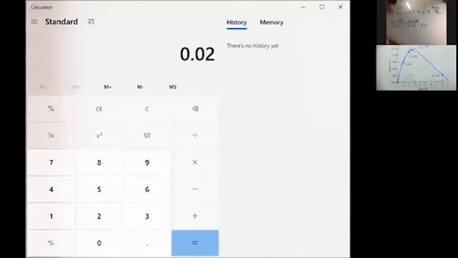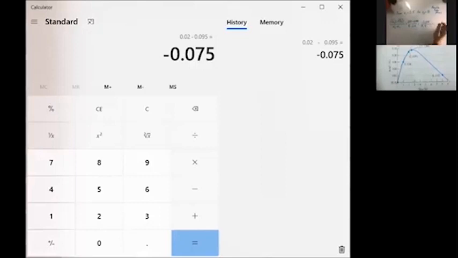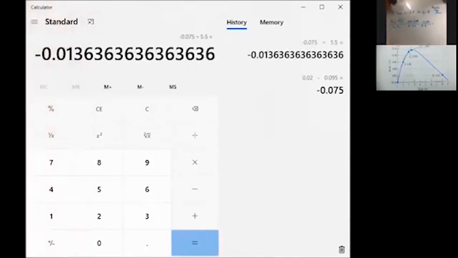0.02 minus 0.095 equals negative 0.075. Negative divided by positive is negative. 0.075 divided by 5.5 is that big long monstrosity.